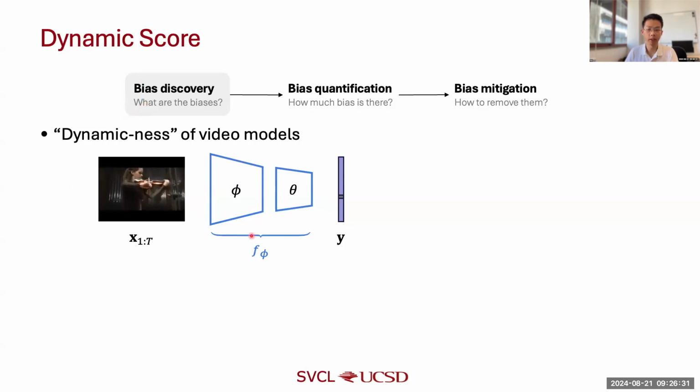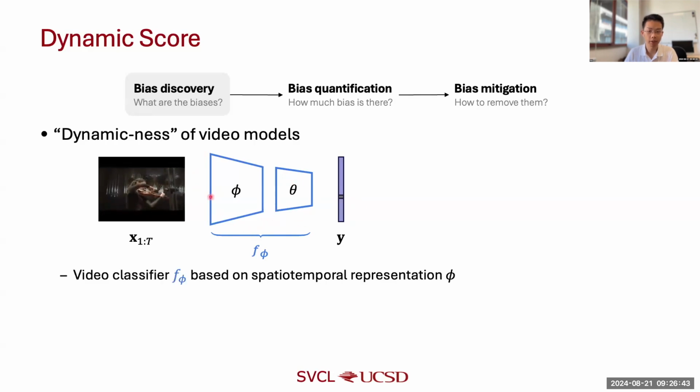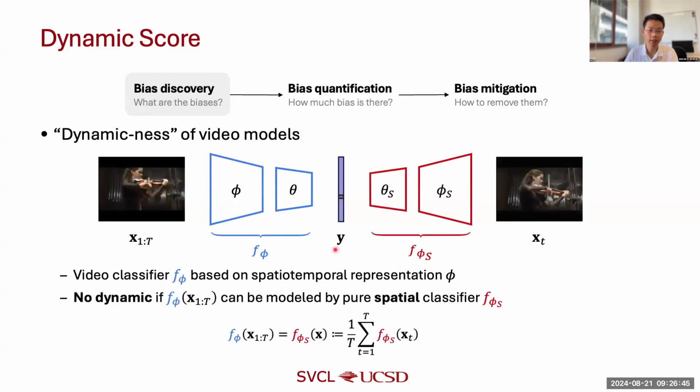Consider a video classifier F, such as a 3D ConvNet, which consists of video representation phi and the classifier head theta. We say that F has no temporal dynamics if its output probabilities can be modeled perfectly by a spatial classifier F_S, such as a 2D ConvNet that's applied to each individual frame of the video without considering their order.